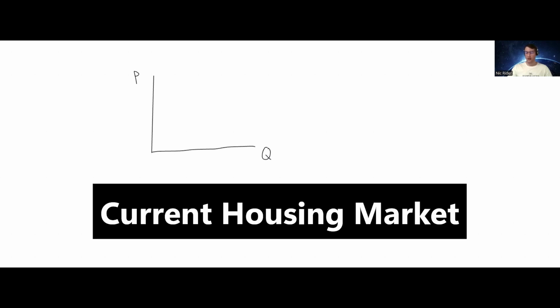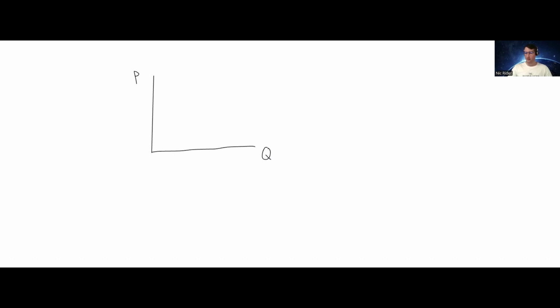Supply within the housing market at the moment, we're just going to go here, and that's going to be our S. And from here, we are going to go demand. With our demand at the moment, our demand exceeds the quantity, so it's a seller's market at the moment.